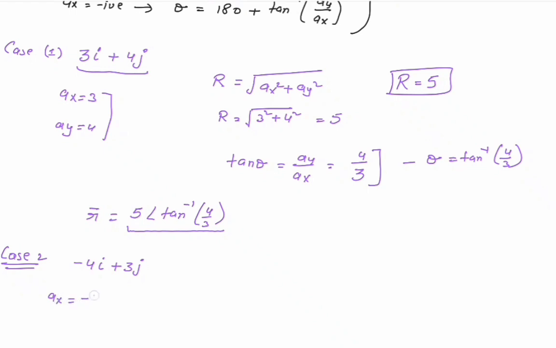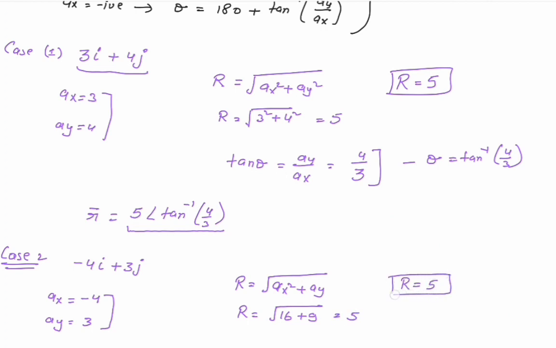Ax is equal to minus 4 and ay is 3. Then how to find the magnitude? Magnitude is going to be the same. R is equal to the under root of ax square plus ay square. It means ax square is going to be 16, ay square is going to be 9, and this is going to be 5. It means R is going to be 5, same as the previous one.